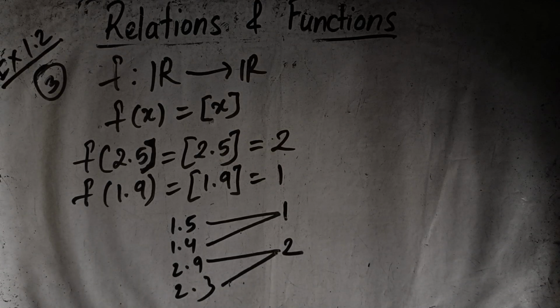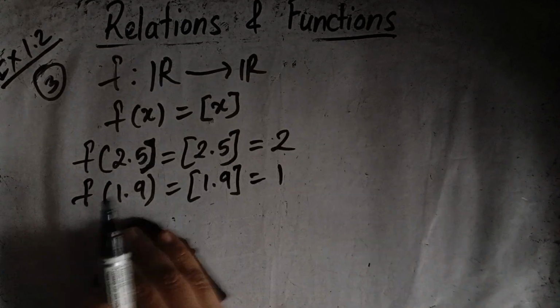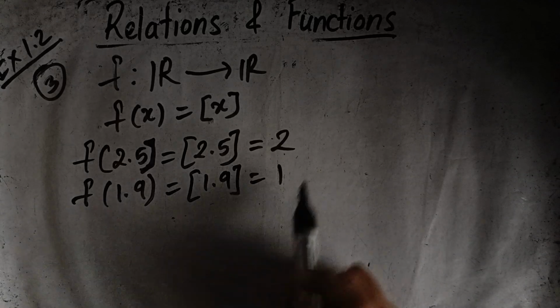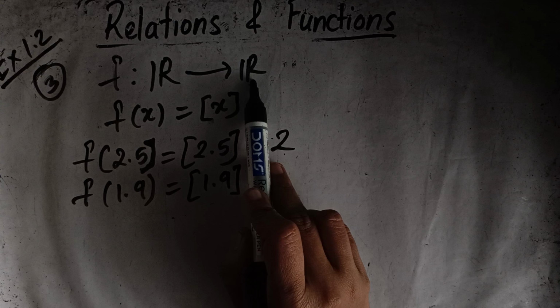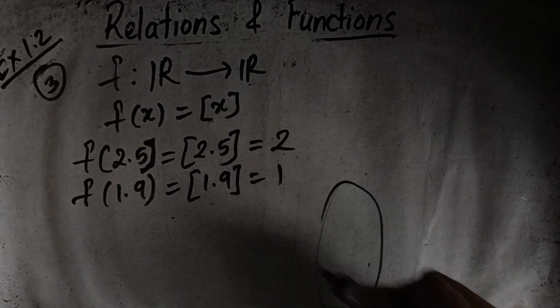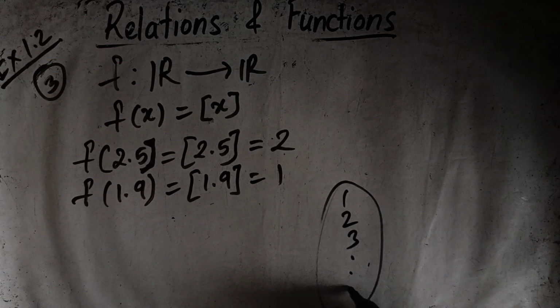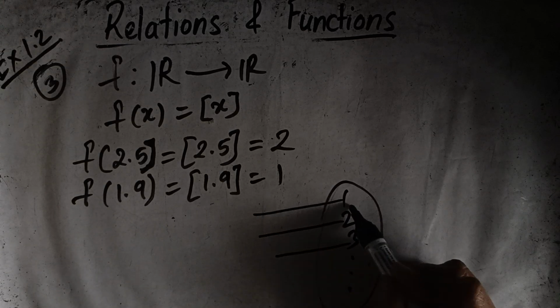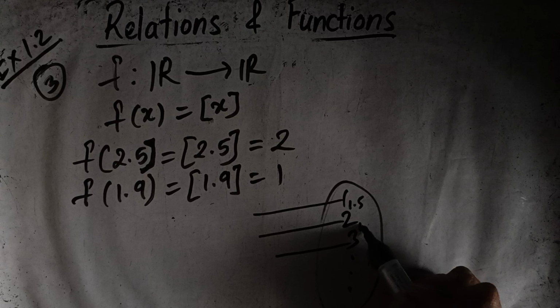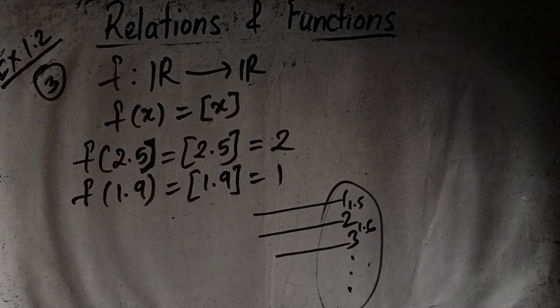Next is onto. Now the numbers are mapped to only integers and here real numbers are there, right? Like 1, 2, 3 and so on. So these are mapped to only integers. In between there are many numbers, 1.5, 1.6. These numbers are left out.